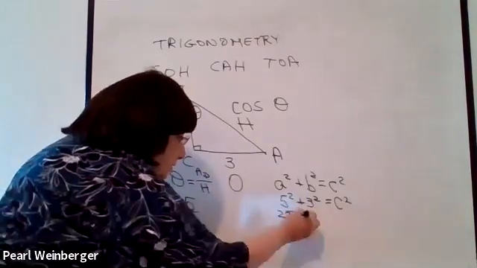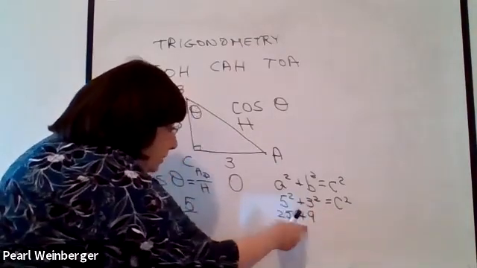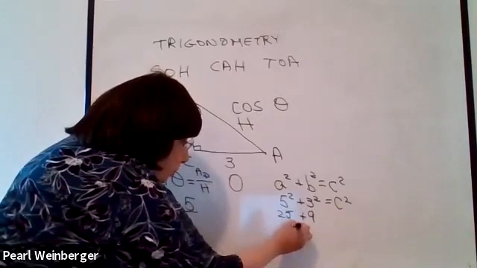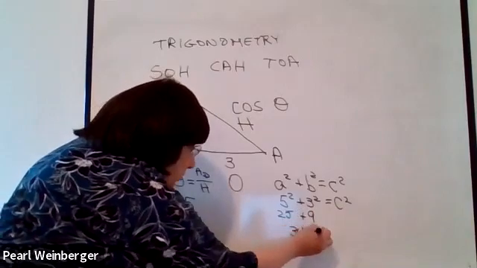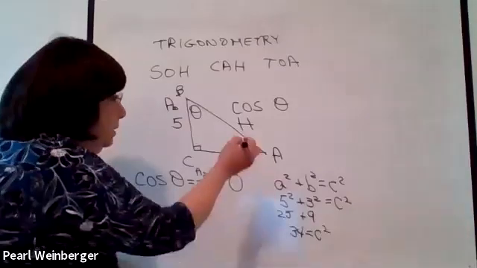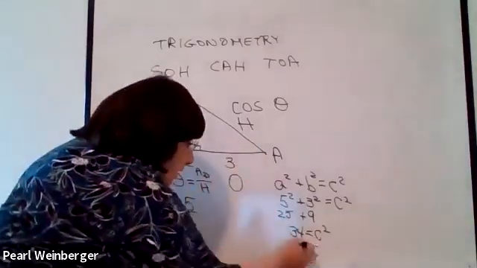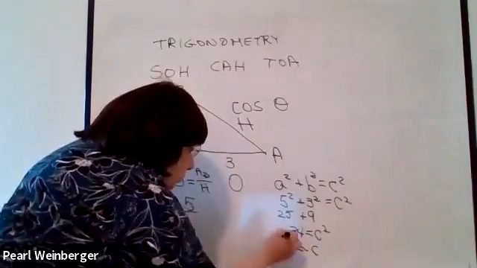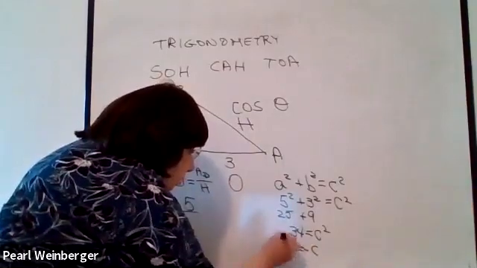This is 25, and this is 9, and 25 plus 9 is 34. So c squared equals 34, which means c has to equal the square root of 34.